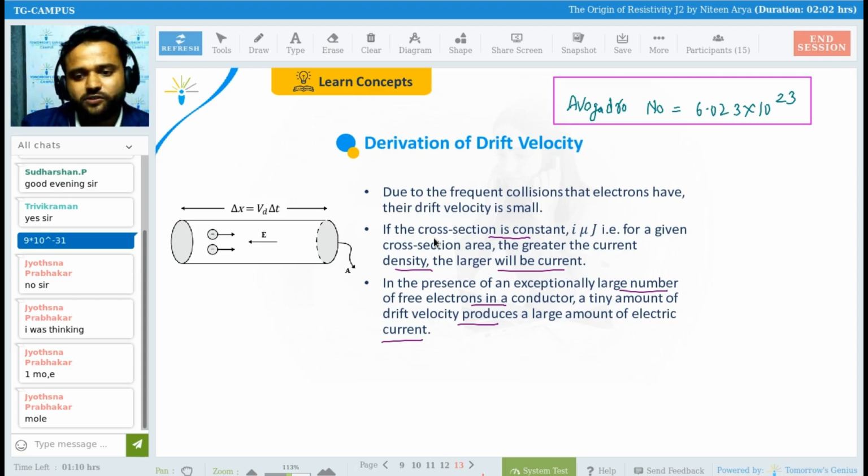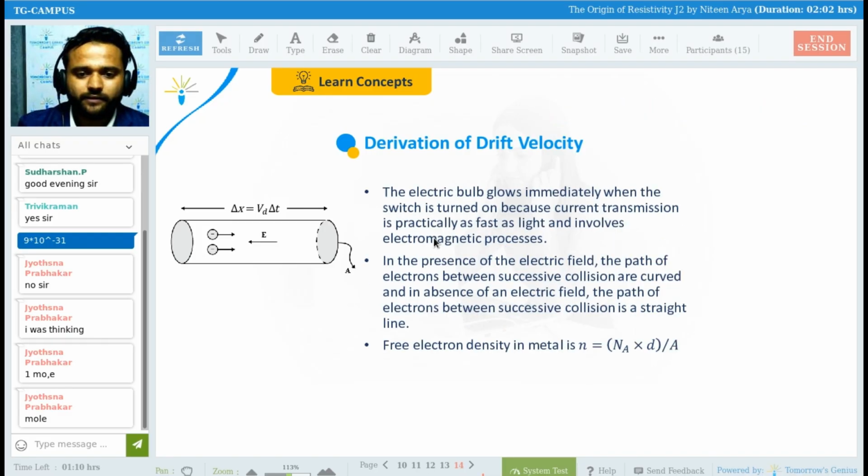In the presence of an exceptionally large number of free electrons in a conductor, resistivity is low and conductivity is higher, so a tiny amount of drift velocity produces a large amount of electric current.